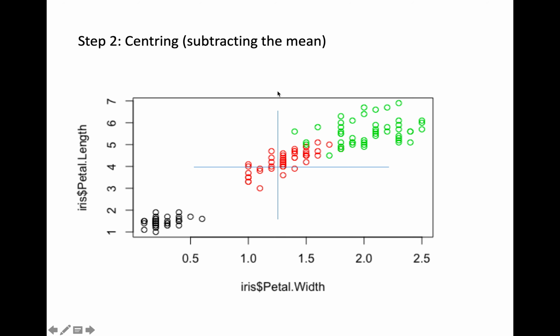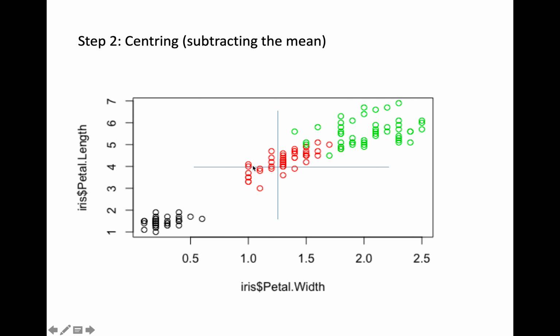Now I'm going to do everything in the 2-dimensional space so that we can see it, right? But of course we're working in 4 dimensions. And the first step of the principal component analysis is to move everything to the center. And we do that by subtracting the mean from our data.